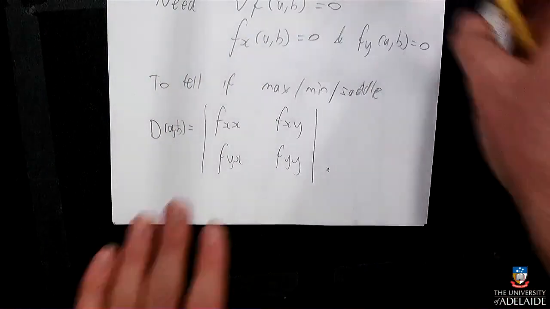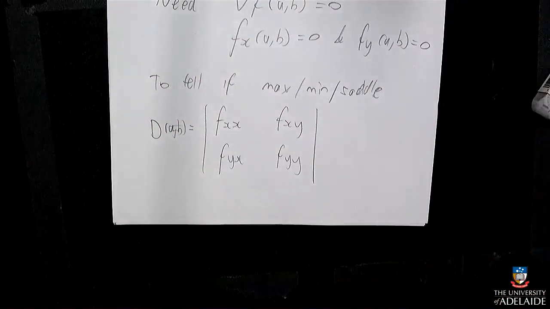And then if this comes out as positive, then it's either concave up or concave down, one of those. And if it comes out as negative, it's a saddle point. And if it comes out as 0, well, we don't know.